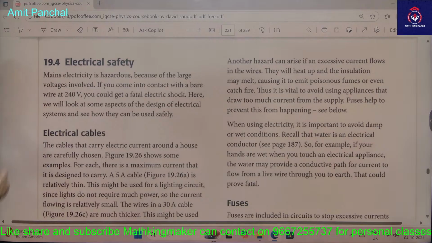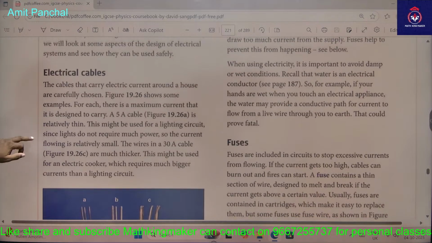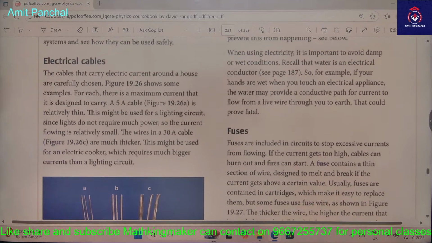safely. So there are certain things you must remember once you are working on electricity and on a circuit, so that you should be aware of these things. Electrical cables must be of standard quality first of all.